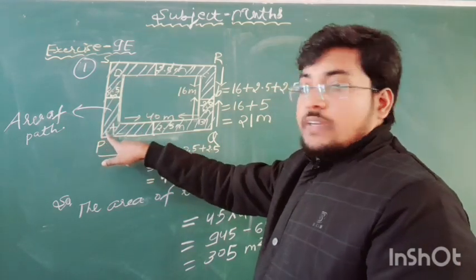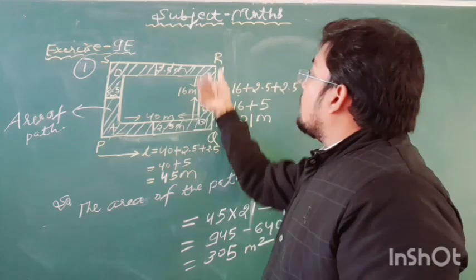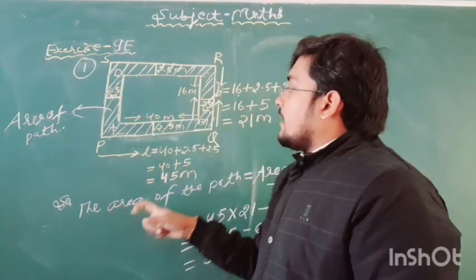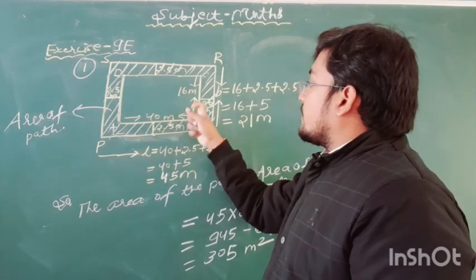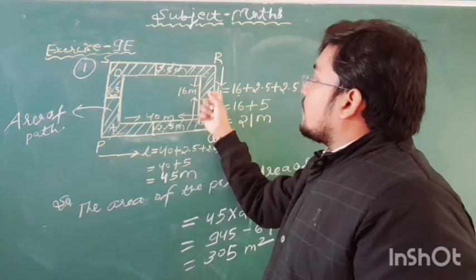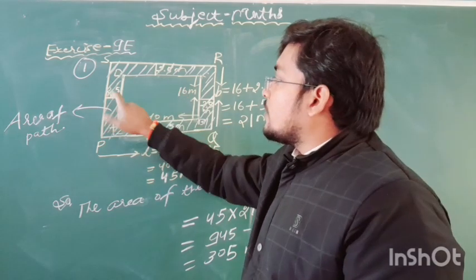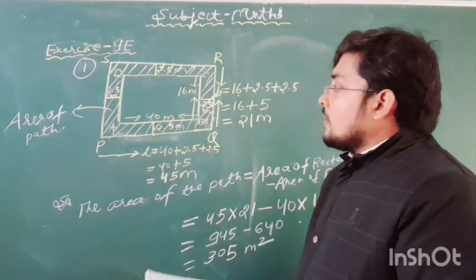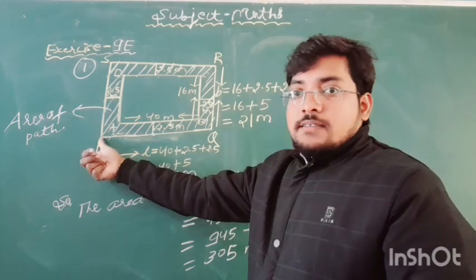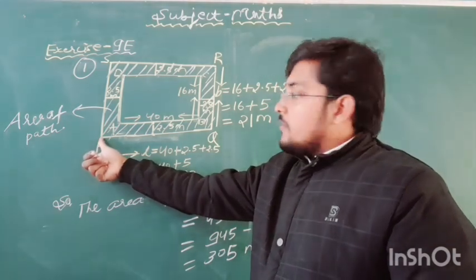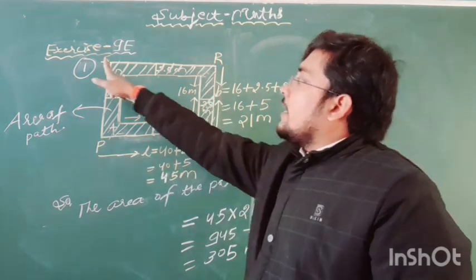So we have to draw another rectangle PQRS, and its width is 2.5 meters. Here 2.5 meters, here also 2.5 meters and here also 2.5 meters. So we get a new rectangle which has vertices P, Q, R and S.